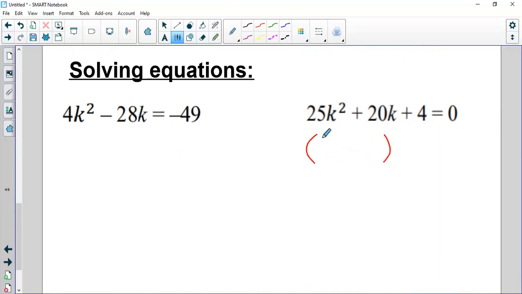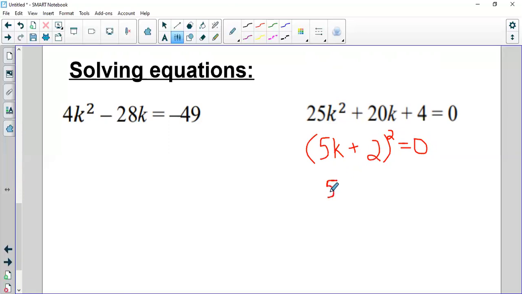That means that I have to take the square root of 25k squared, be 5k. Square root of 4 is 2. B term is positive. Parentheses is positive. Squared equals 0. That means I'll have the same parentheses twice. That means that when I use my zero product property, I don't get two answers because they're the same binomial.